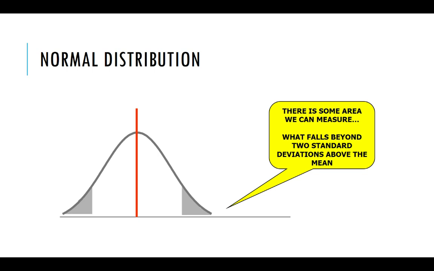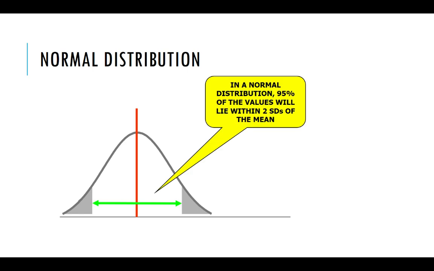Now, there are some areas that we're able to measure. Look at those tails where you see the shaded-in area in gray on the left and the right at the very end of the tails. Well, we can measure what falls beyond 2 standard deviations above the mean. So what you're looking at right now in those gray areas in the tail is the areas in the distribution beyond 2 standard deviations.